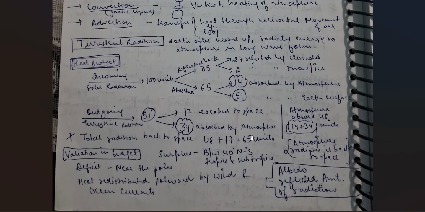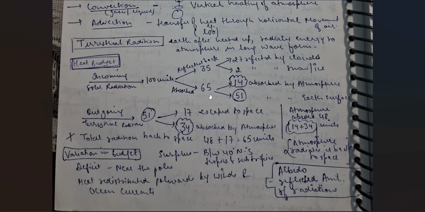And this is the entire chart which is given about the heat budget, how these things work. We need to understand this chart in order to understand how this entire system of insolation and terrestrial radiation works. So there is incoming solar radiation. The rays which are coming from the sun, for example, are 100 units. What happens is 35 of them are reflected back and 65 are absorbed.